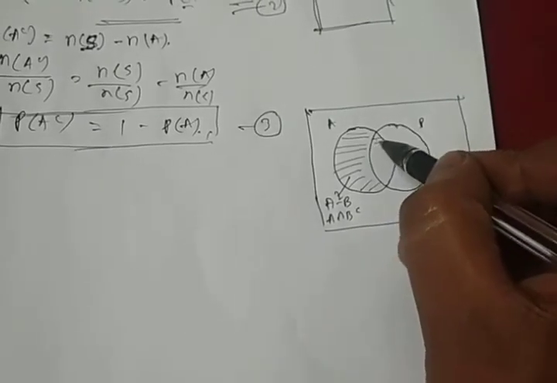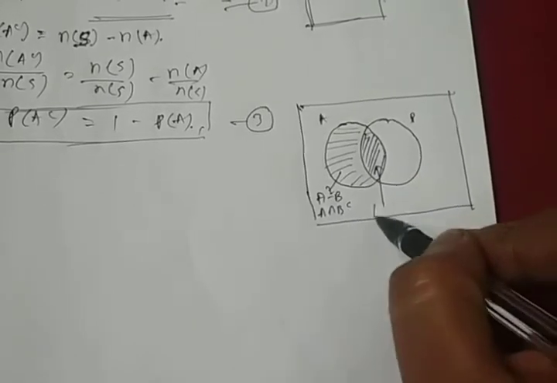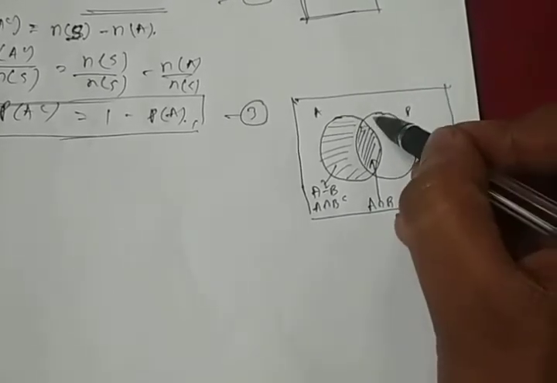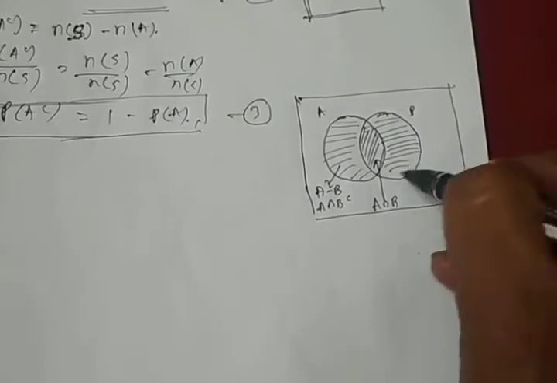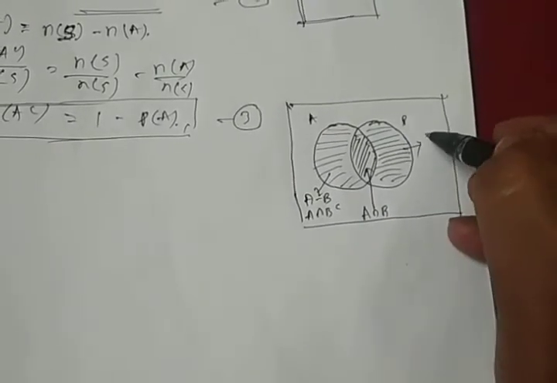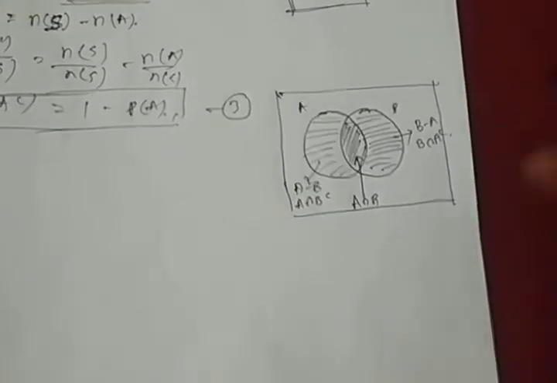This part is A intersection B, and this part is B minus A, also known as B intersection A complement.